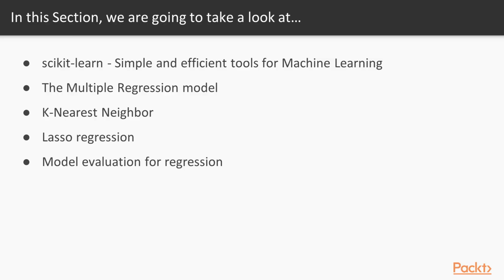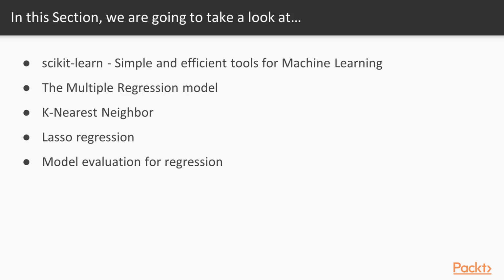In the first video, we will talk about Scikit-Learn, which is the library we will use to build predictive models. Then we will talk about the three models that we will use in the next section to make predictions. The first one is the multiple regression model, which is the foundation for many other models in machine learning and statistics.